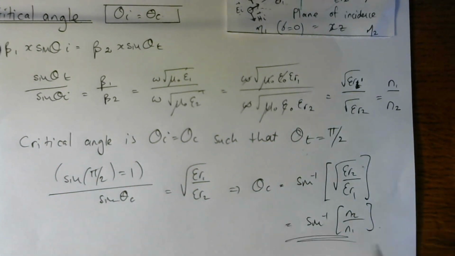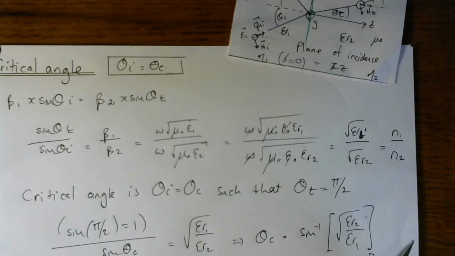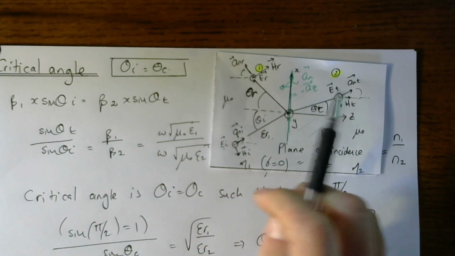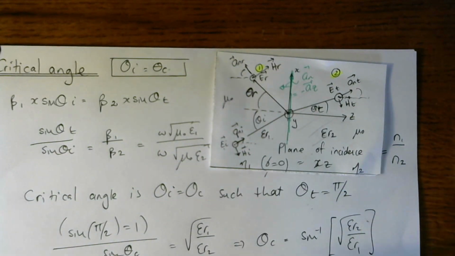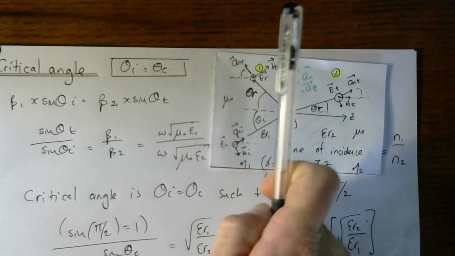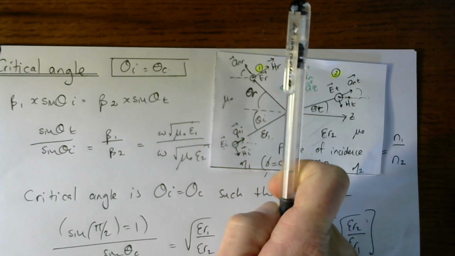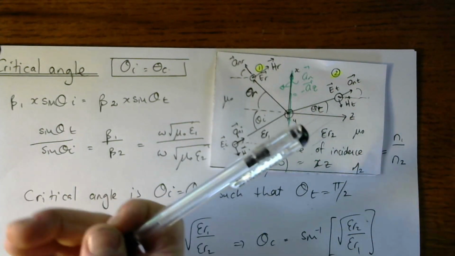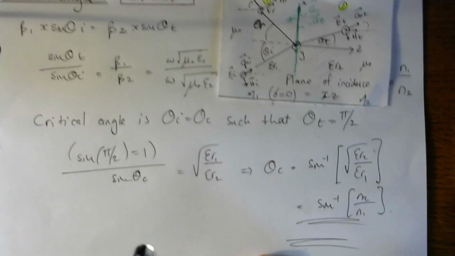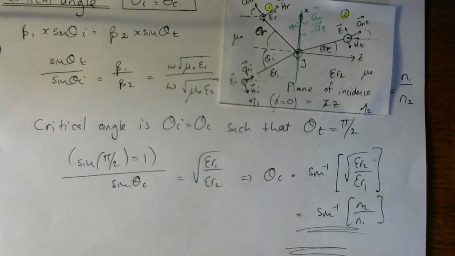This is how I can calculate the critical angle at which the transmitted angle of my transmitted field is equal to pi over 2, when the wave travels along that interface. Anything more than this angle will cause what we call total reflection. Okay, awesome. So that's it. That's the critical angle.